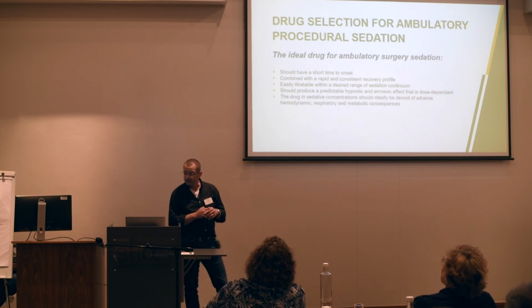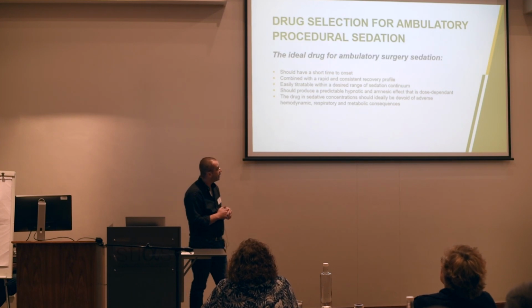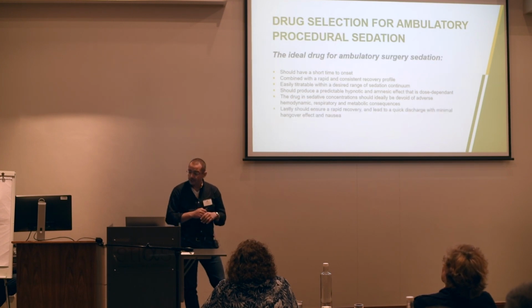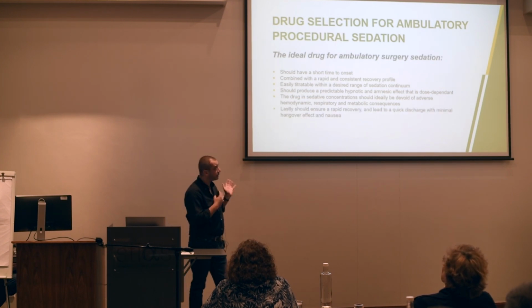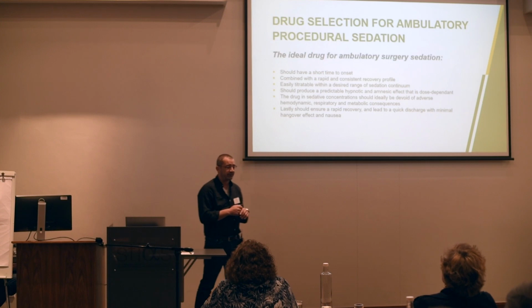The drug in sedative concentration should ideally be devoid of any adverse hemodynamic, respiratory, or metabolic consequences. And lastly, you should ensure that the drug has a rapid recovery profile with a quick discharge and minimal hangover effect.